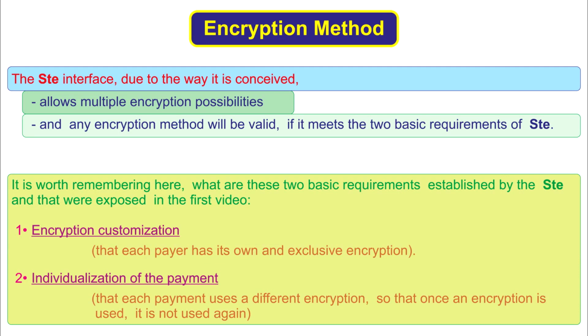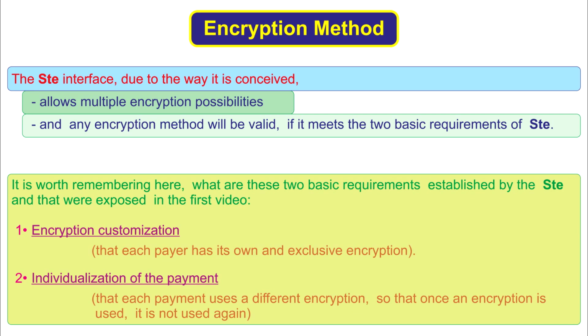Encryption method. The STE interface, due to the way it is conceived, allows multiple encryption possibilities, and any encryption method will be valid if it meets the two basic requirements of STE.